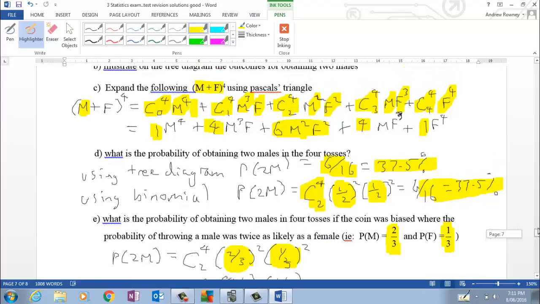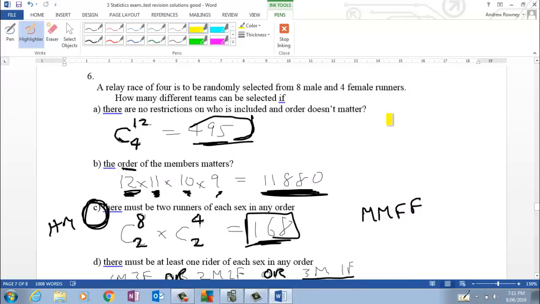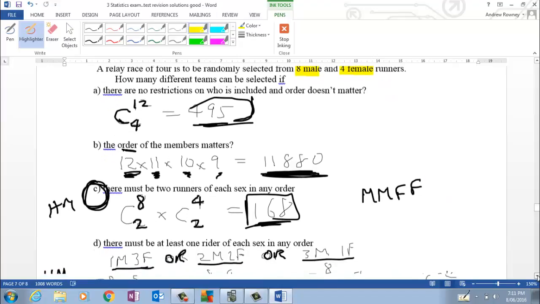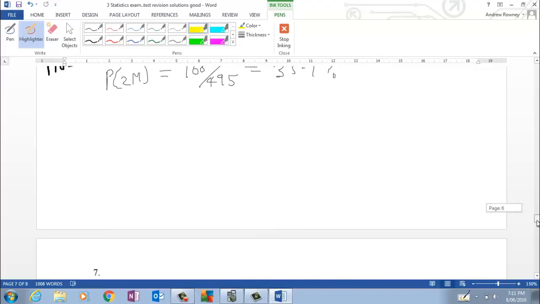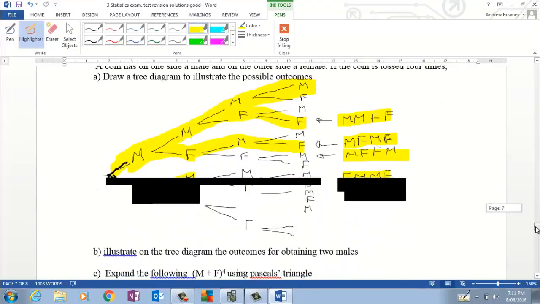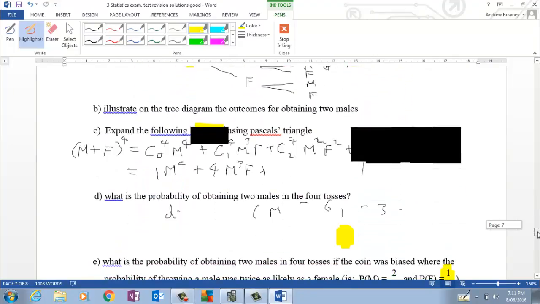The reason we're biasing it there is because we're trying to compare it to the original problem here, where we've got a relay and we've got 8 male and 4 female, and there's twice as many males as females. So clearly it's biased by double. Now, can we mimic that with the coin just by having the coin being biased so that it's twice as likely as throwing the heads, which is the males, than the females?